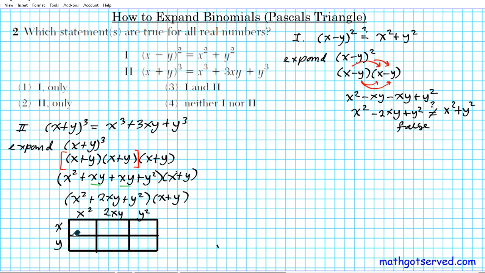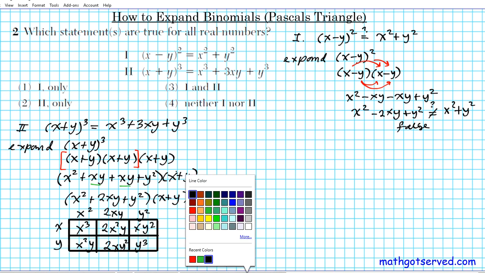Now, let's multiply. x times x squared is x to the third. x times 2xy is 2x squared y. x times y squared is xy squared. y times x squared, we can write that as x squared y. y times 2xy is 2xy squared. And then y times y squared is y to the third.